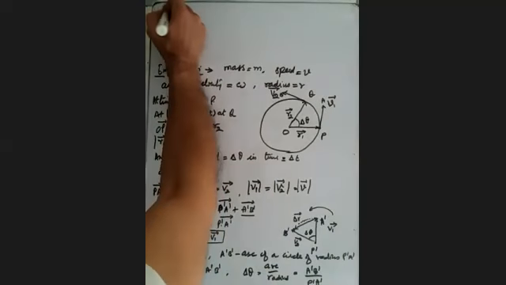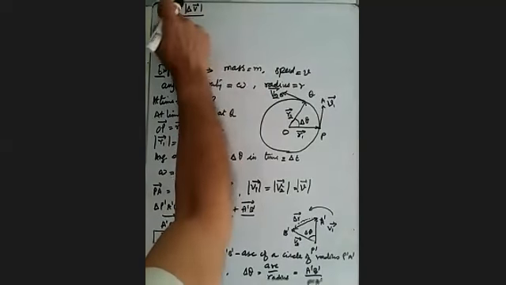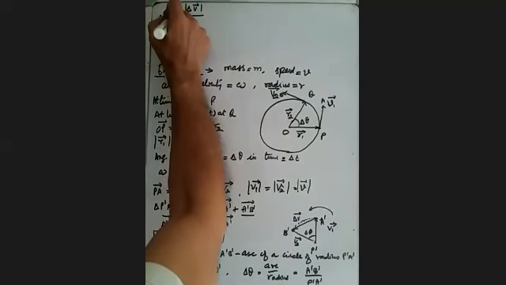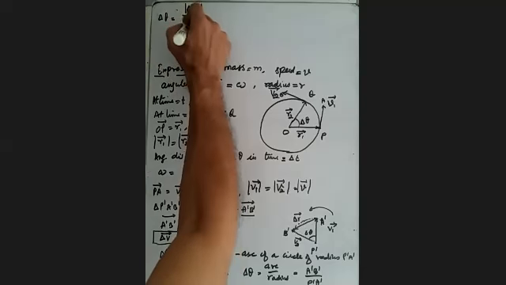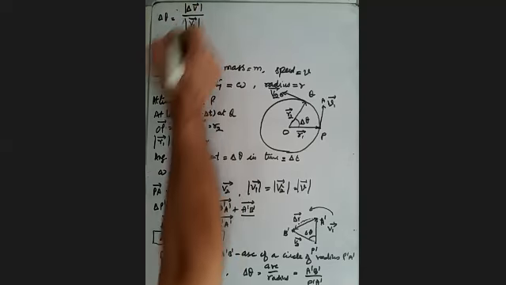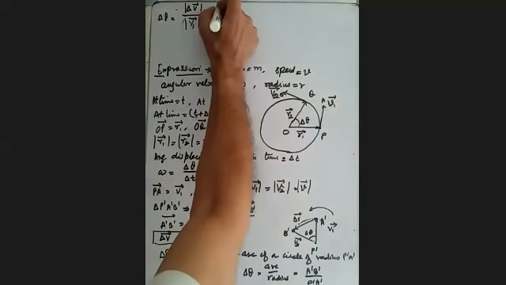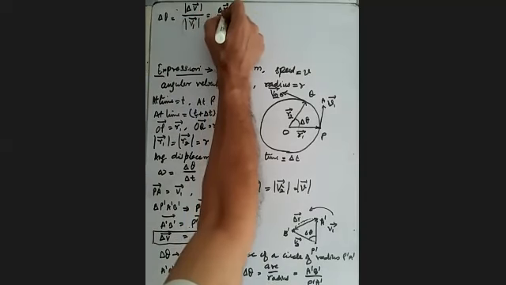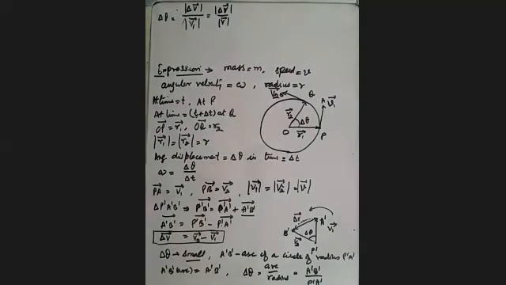So delta theta will be equal to A'B', which is the magnitude of delta v, and P'B' is the v1 vector and its magnitude, and this v1 is the same as v. So this is the same as delta v upon v, because v1 is equal to v2 is equal to v.